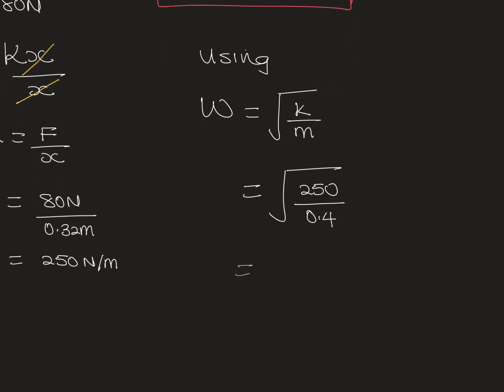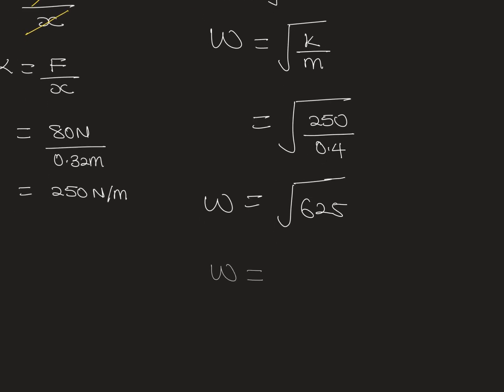So that will be the square root of 250 divided by 0.4, which is 625. So what is the angular frequency? The angular frequency is the square root of 625, which is 25. So that will be 25 radians per second. All right.